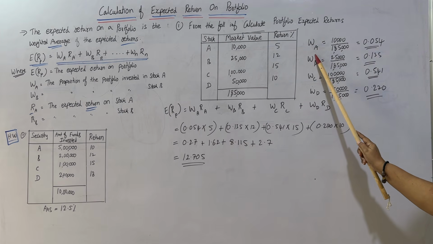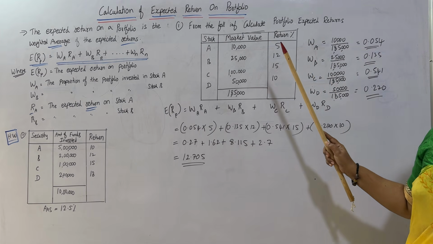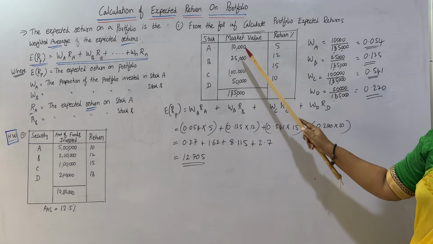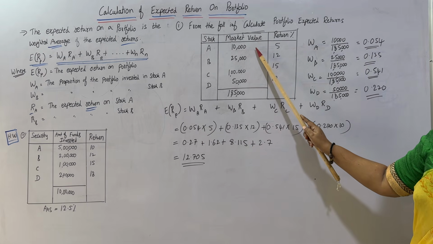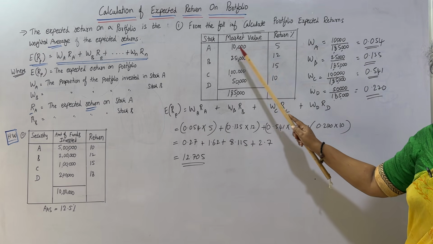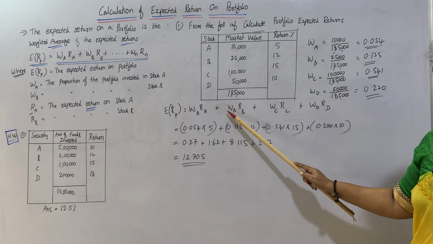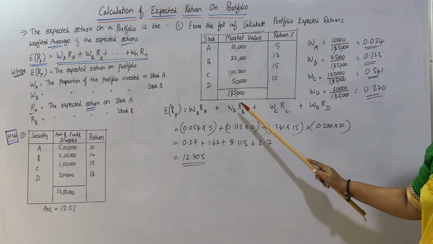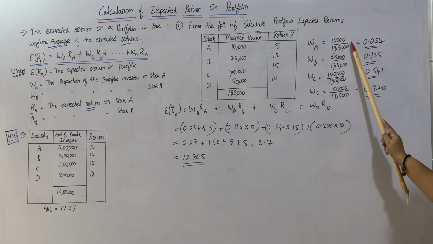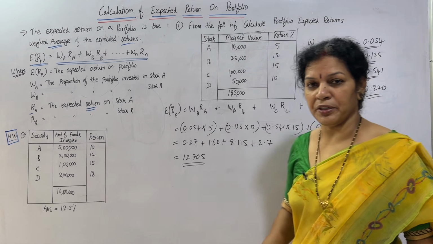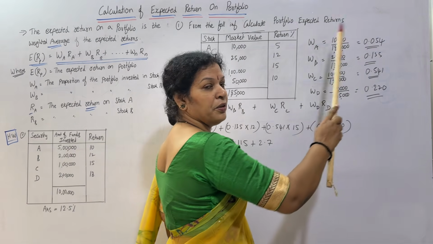W is equal to this proportion of the stock out of the total stock, means 10,000 we have for the project A out of 1,85,000. That weighted proportion we have taken, 10,000 divided by 1,85,000, 0.054.